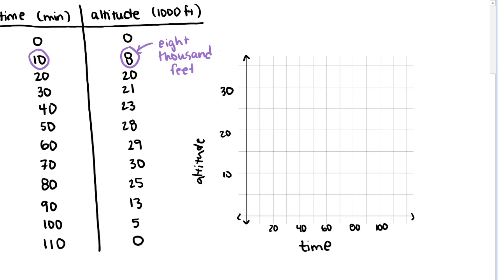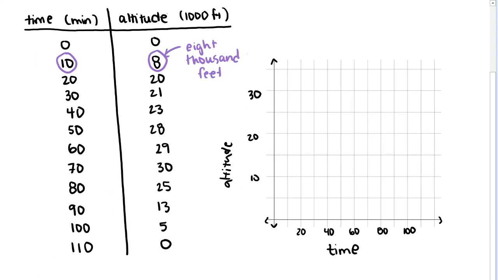So how do we take this information from the table and put it into a graph? Well, what we do is we plot points. Every single location on this grid corresponds to both a time and an altitude. Any one spot on this grid corresponds to a time and an altitude together.